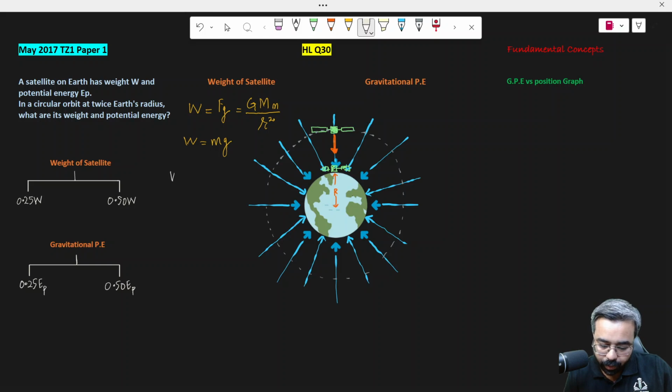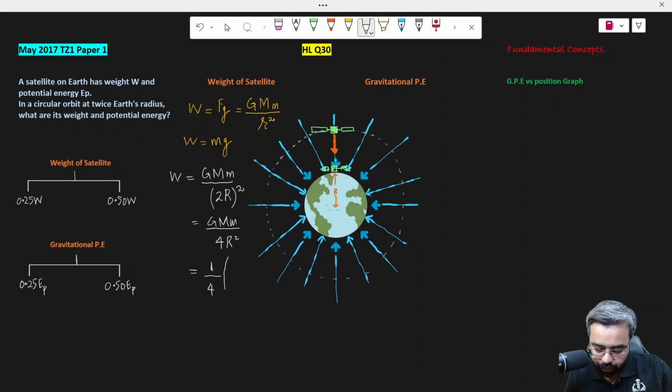So the weight is equal to G times the mass of the planet, which has not changed, neither has the satellite's, divided by the distance 2R, which is basically 2 big R, and take its square. So this is going to become GMm over 4R squared, and you can write it like this, 1 over 4 into GMm over R squared.